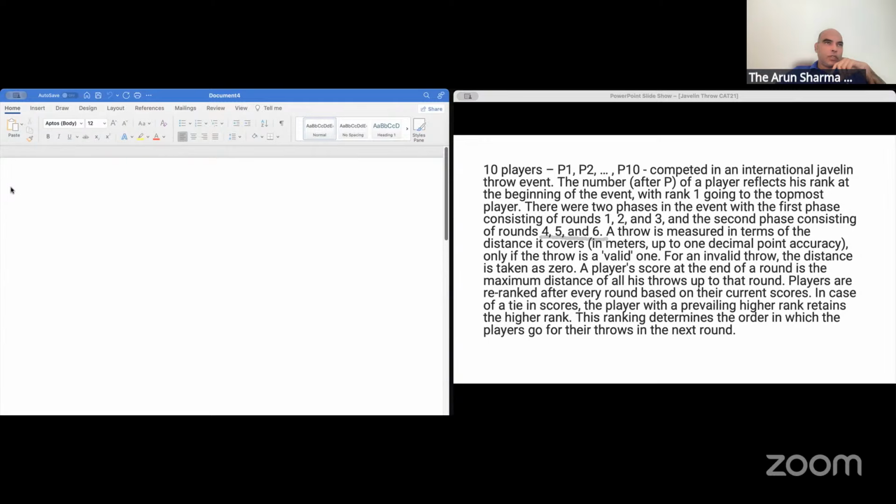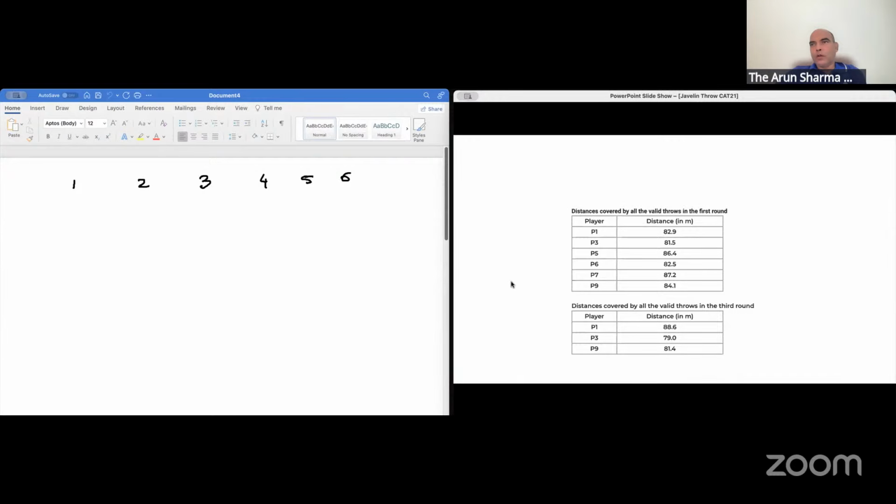So at this stage, you will start building a table where you will say that, okay, I've got three rounds, round 1, 2, 3, round 4, 5, 6. And obviously, in this PowerPoint, you don't have that vision, but in the exam, you have the vision of this table that you can see with respect to distances in the rounds.